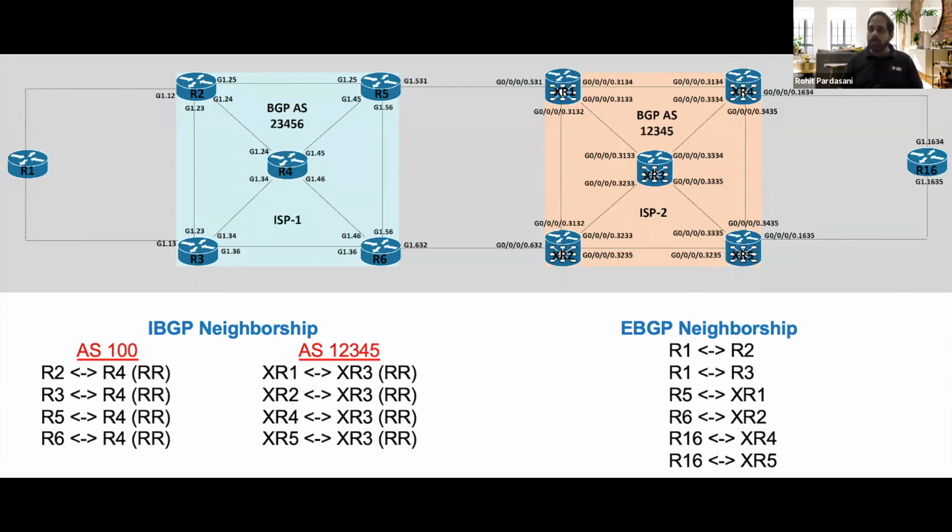Assumingly we want R16 to select XR5. So in that case, I could go to XR4 and increase the hops of AS. Same concept, just different commands. Let's try it out.